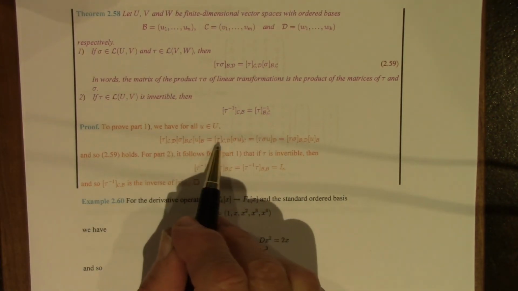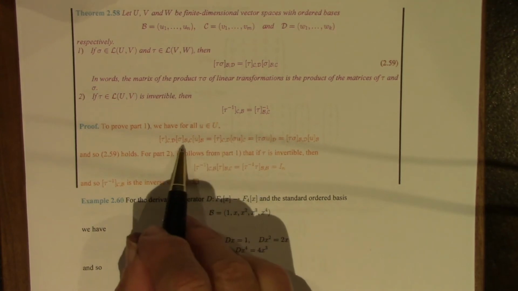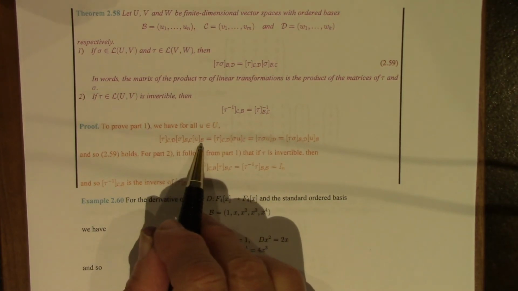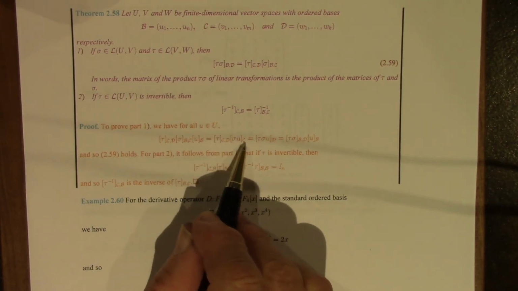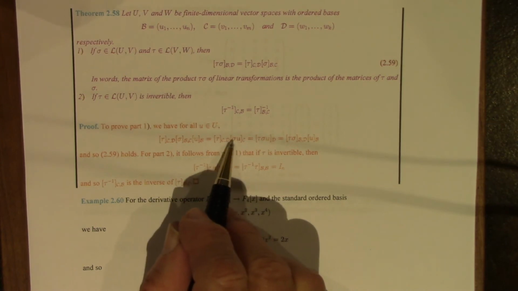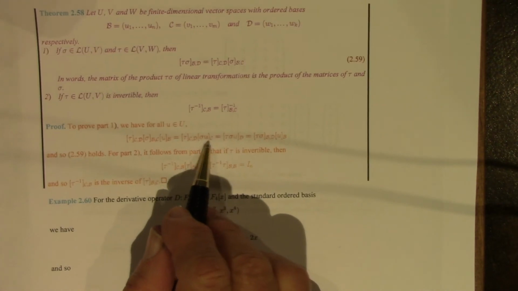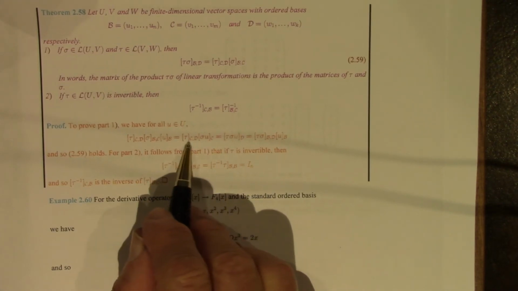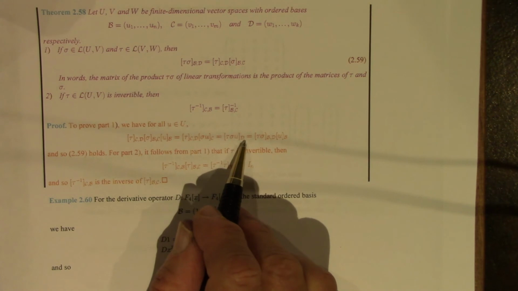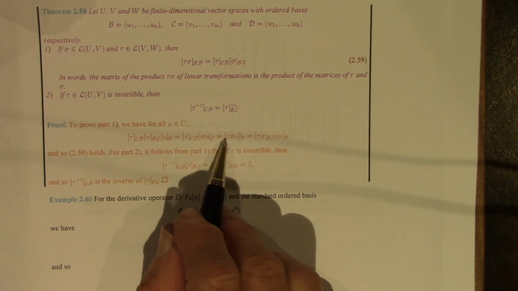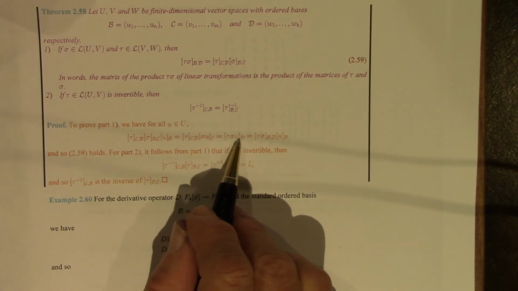Leaving tau CD alone, this product is the C-coordinate matrix of the image sigma of u. Now we can take this product. It is the D-coordinate matrix of tau of sigma of u.